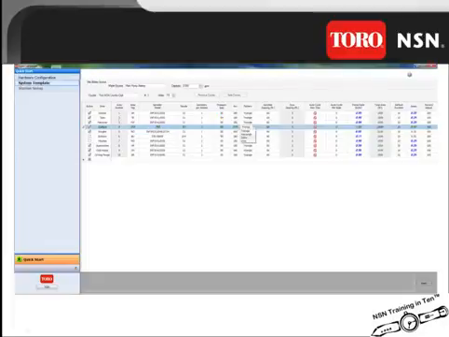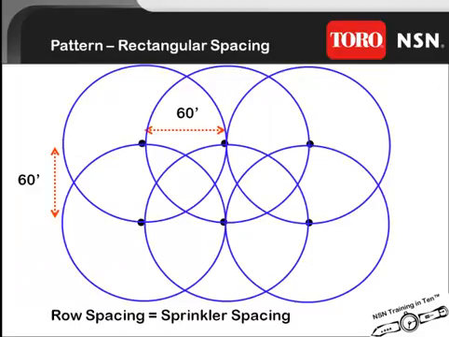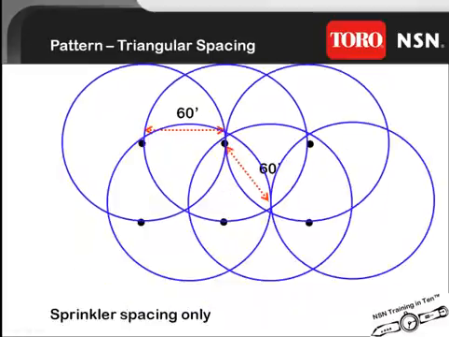Now select the pattern the majority of the stations utilized: triangle, rectangle, inline, or area. The rectangle pattern has both row and sprinkler spacings. The triangle pattern only has sprinkler spacing.